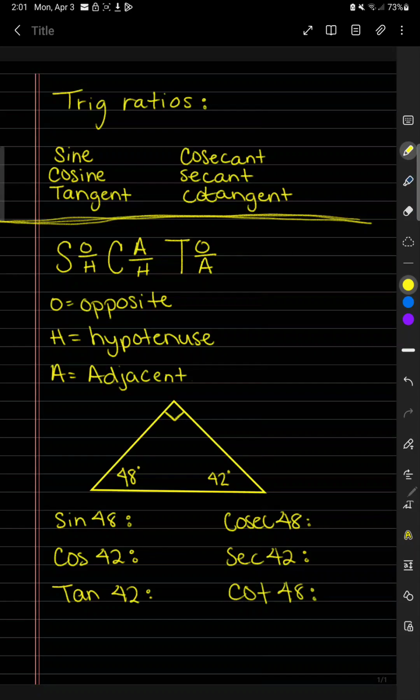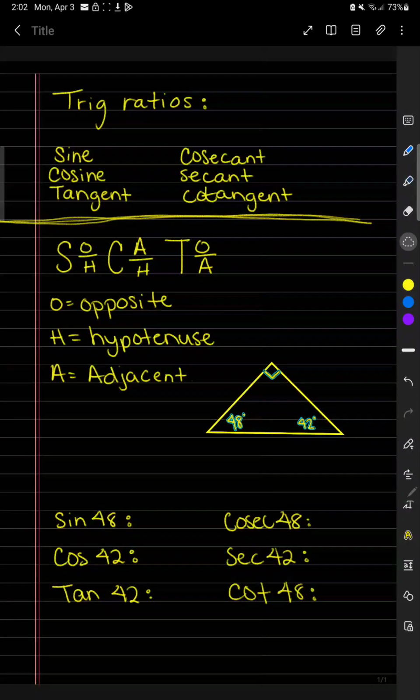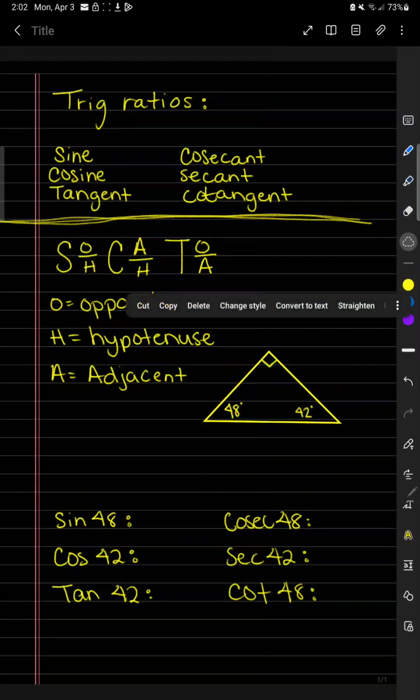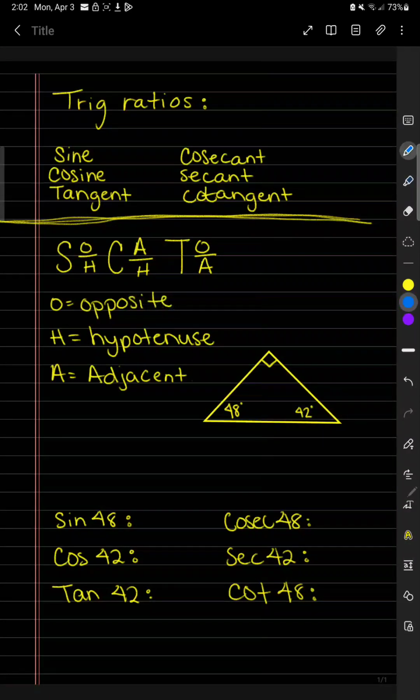So it's the same thing we just did, but we have two opposites and two adjacents because we have two angles. So depending on which angle you're going off of, the opposite of that angle would be different to the opposite of the first angle. So our hypotenuse, again, we know it's always the one across our 90-degree angle. So let's say for sides we have, let's do 7, 12, and 6, something like that.